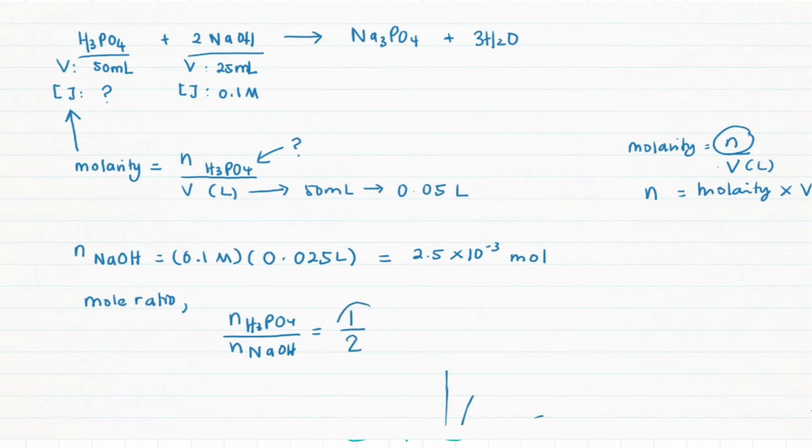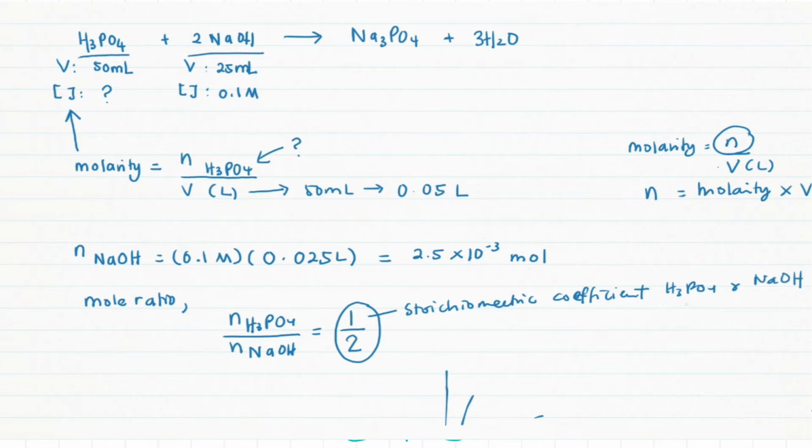Okay, how do I get this value? This is from the stoichiometric coefficient of H3PO4 and NaOH. When we look at the balance equation, the stoichiometric coefficient of H3PO4 is 1, NaOH is 2.